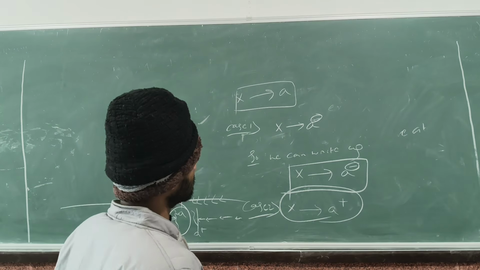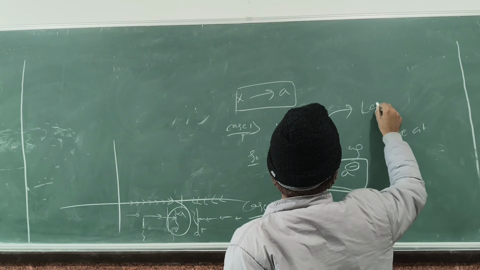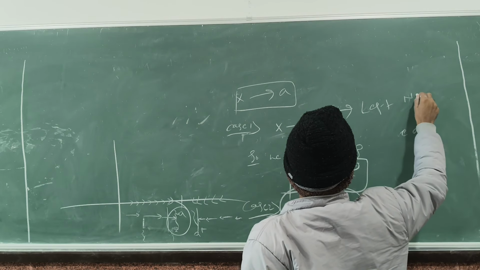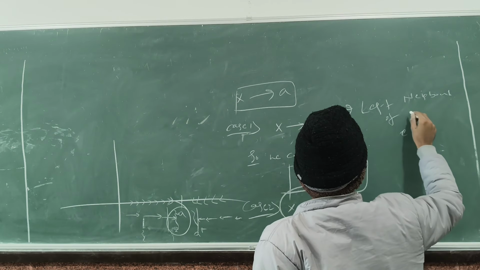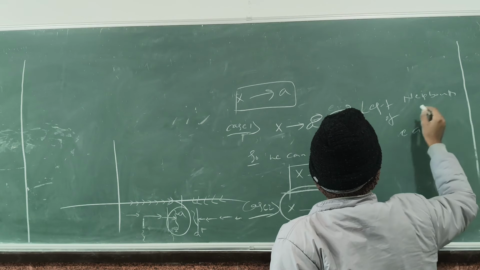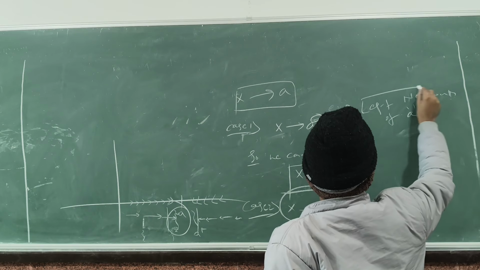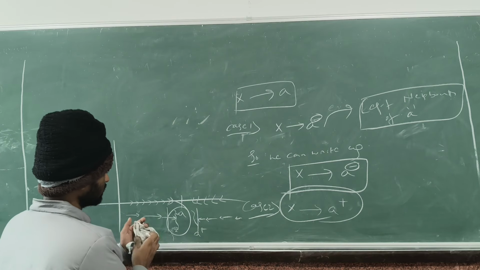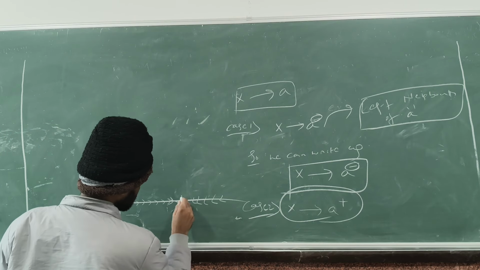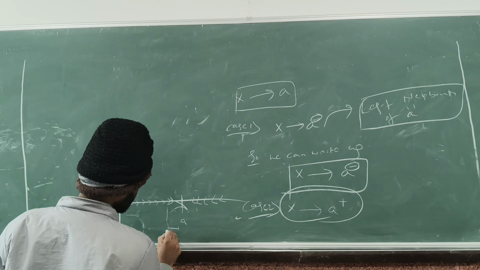This is what we call the left neighborhood of A, because it is on the left side: x tending to A minus.